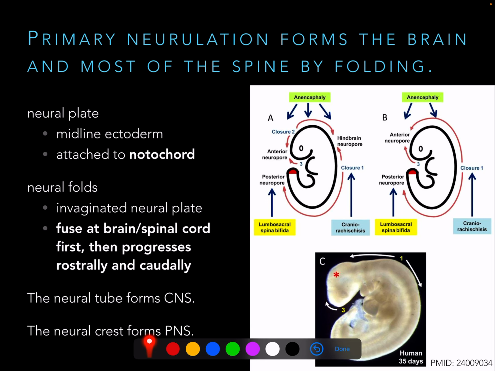That fusion begins in 2 to 3 locations, depending on whether you're a mouse or a human. If you're making any sense of this video, you're a human. So we only have 2 closures. One around kind of the back of the neck, which zippers toward your head and tail, and then another one around the front of the head there.